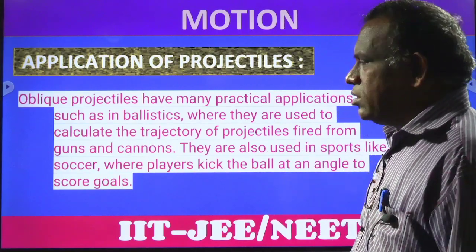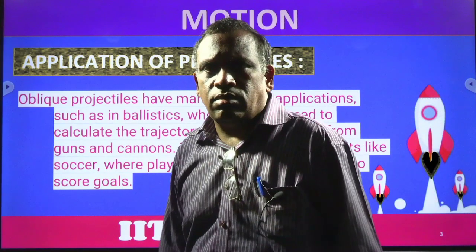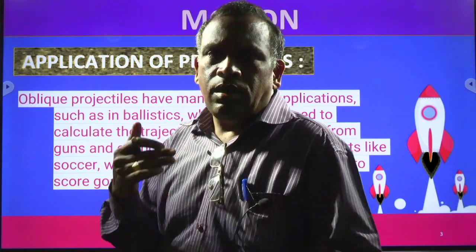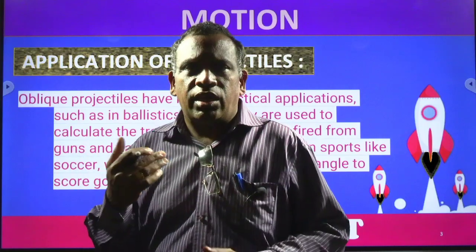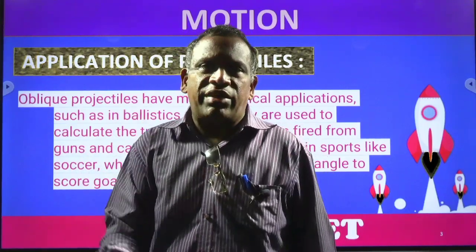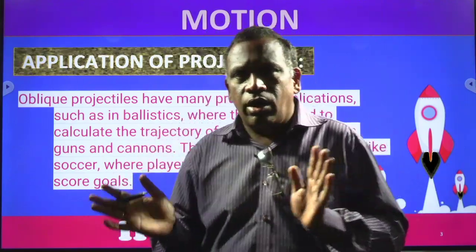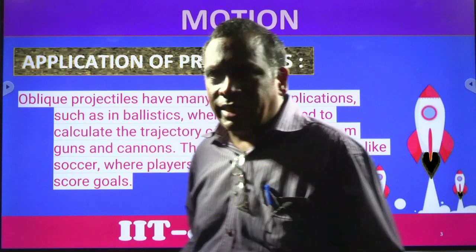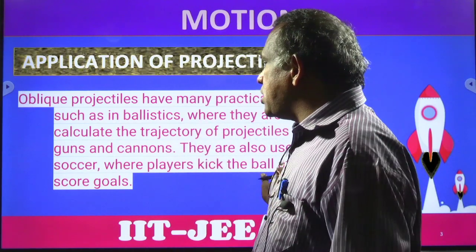Basically in wars and in soccer, a football player or golf player wants to hit the target. They have to maintain a specific direction, and horizontal and vertical components should all be considered. Then only can you reach the target. These are the different applications.